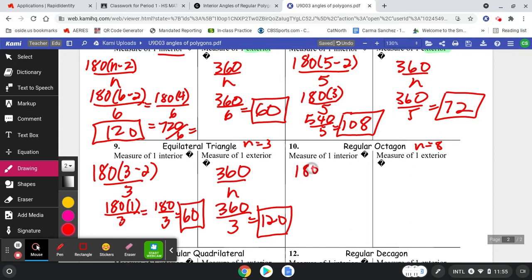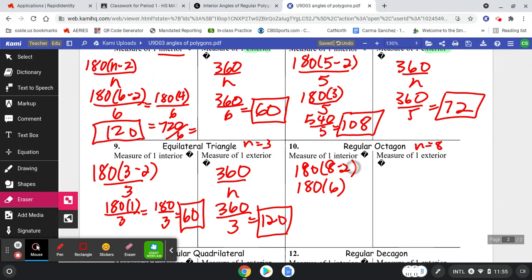Let's go 180 times (8 minus 2), or 180 times 6. Oops, forgot I didn't put it over n.